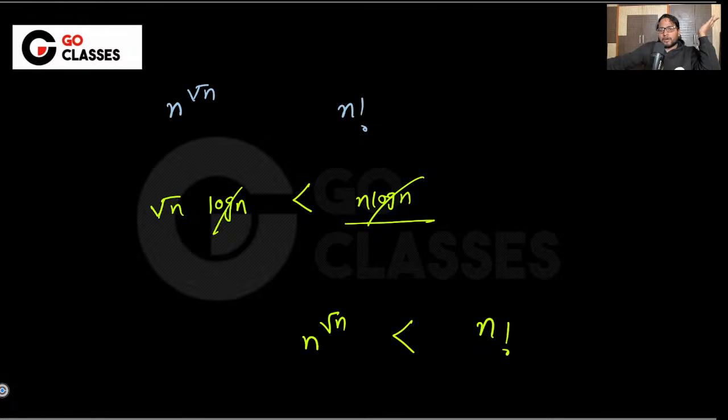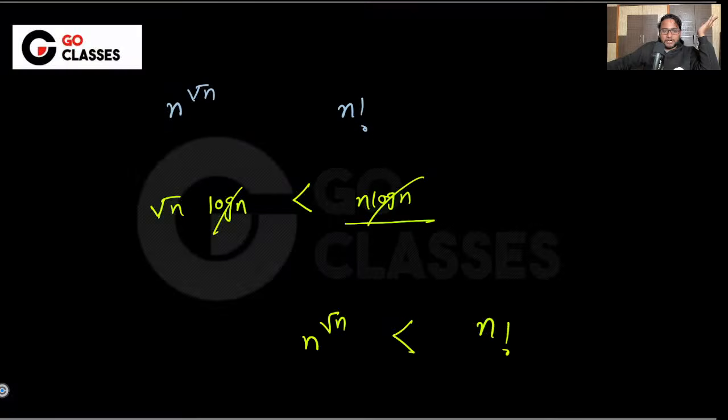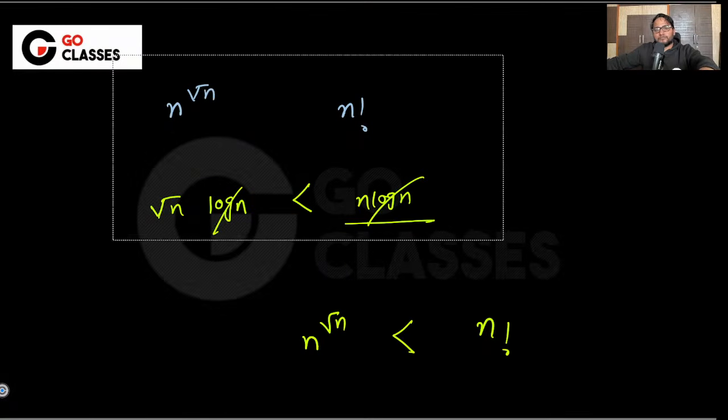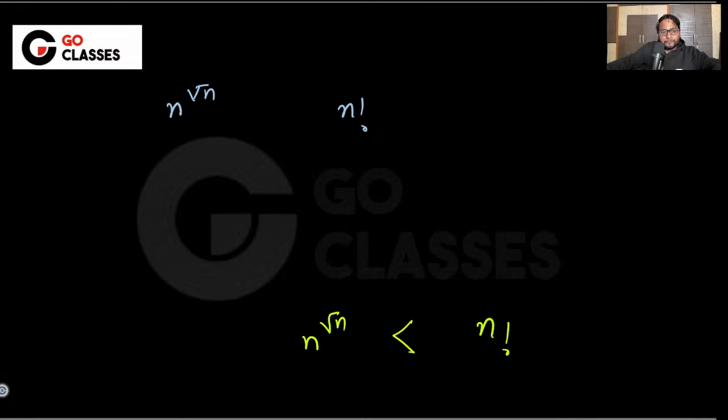Now let's see the third function that we have, which is 2 power square root of n log base 2 n.